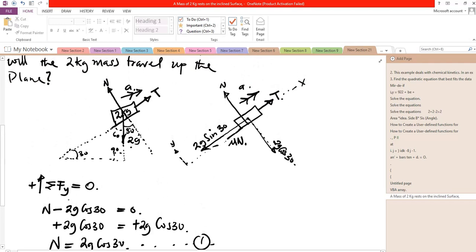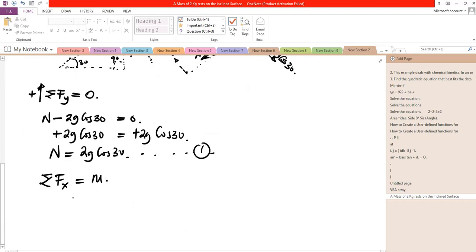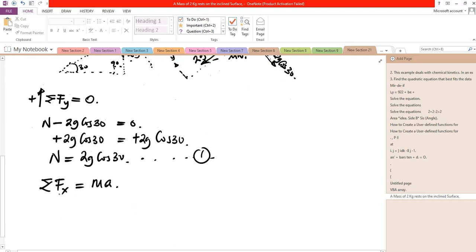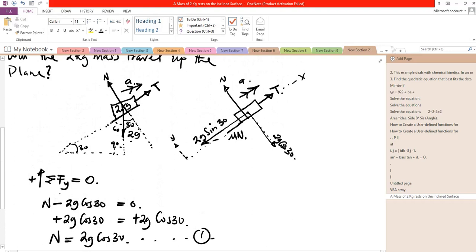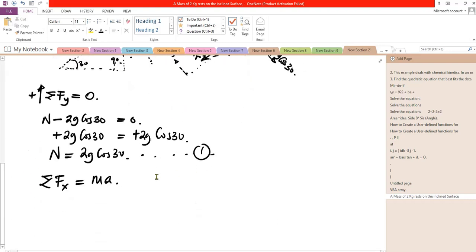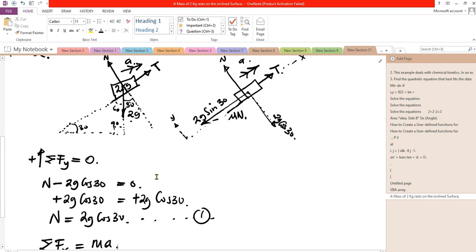Now, the next one, the summation of forces along the x-axis will be equal to the mass of the object times the acceleration, because the body is accelerating. So the body is accelerating, so there is a motion. There is a change in velocity, so there is an acceleration.